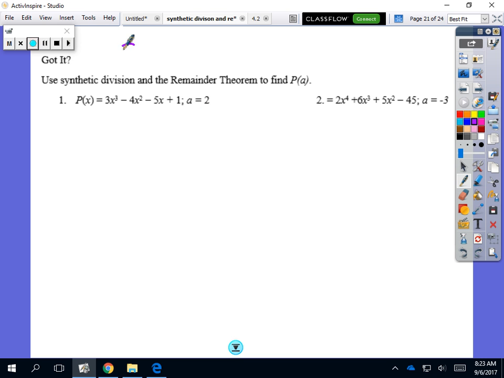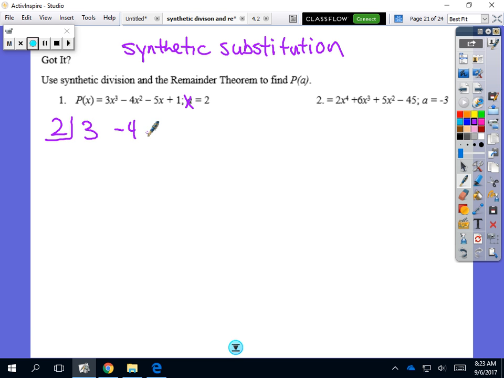We also call this synthetic substitution. And this is nice because you don't have to plug a bunch of numbers in your calculator. Synthetic division is quick, it's easy, so if you have a long polynomial like this and you want to know what the value of this polynomial is when x, I don't know why they put an a here, when x is 2, then instead of putting it in your calculator, you can just put 2 in the box, put 3, negative 4, negative 5, and 1.